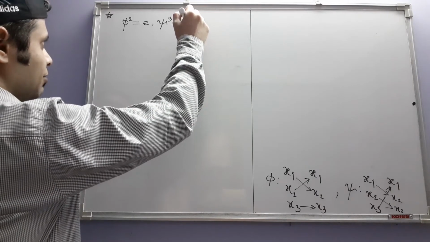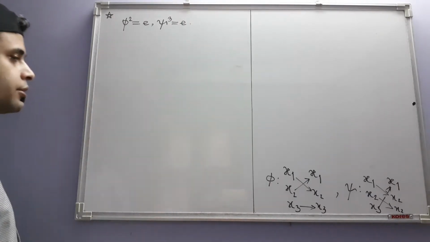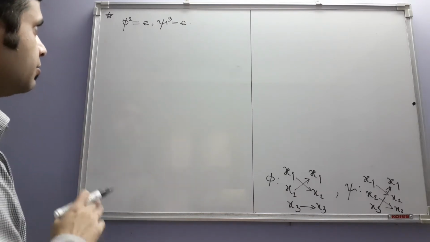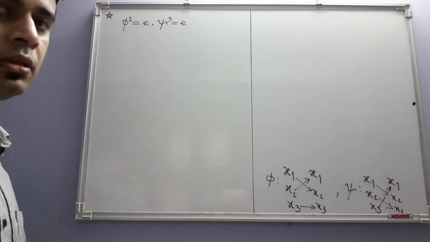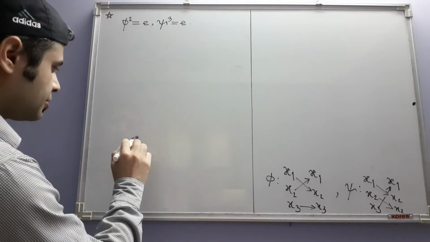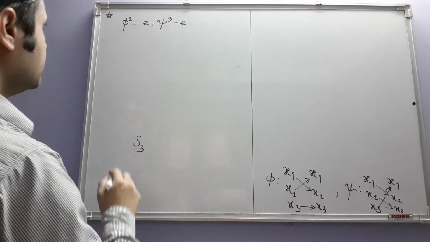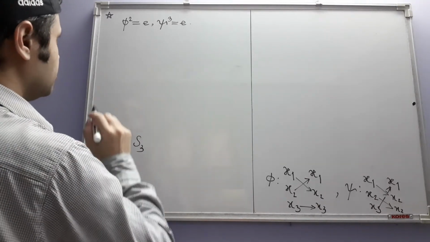Now we have already seen these relations in the last part. Now from these relations we can derive some things using the fact that S3 is a group. We already know this fact, right? So what are the things that we can do here?